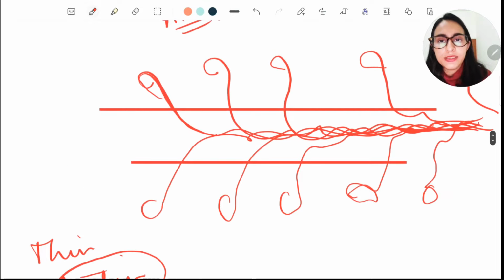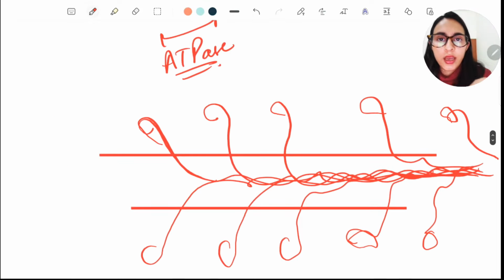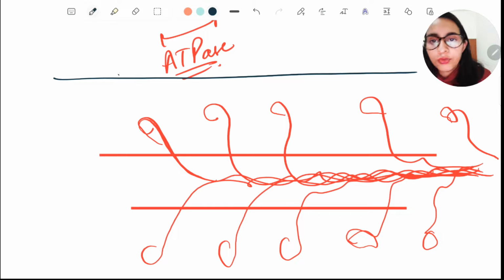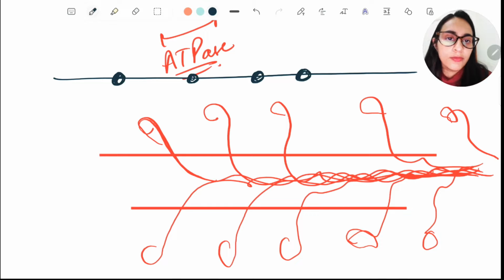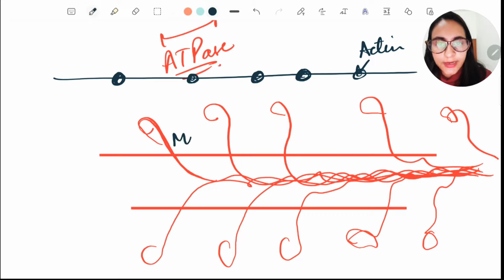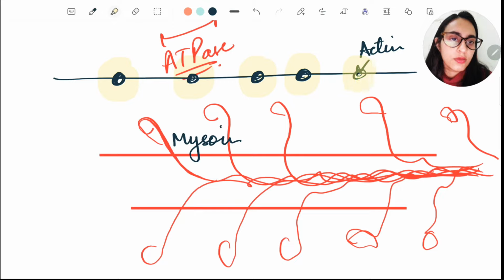Now what happens, these myosin heads are going to cling to the actin molecules which are present on the thin filament. So we have actin molecules present on the thin filament, and we have myosin heads present on the thick filament. Normally this actin is covered by troponin and tropomyosin.